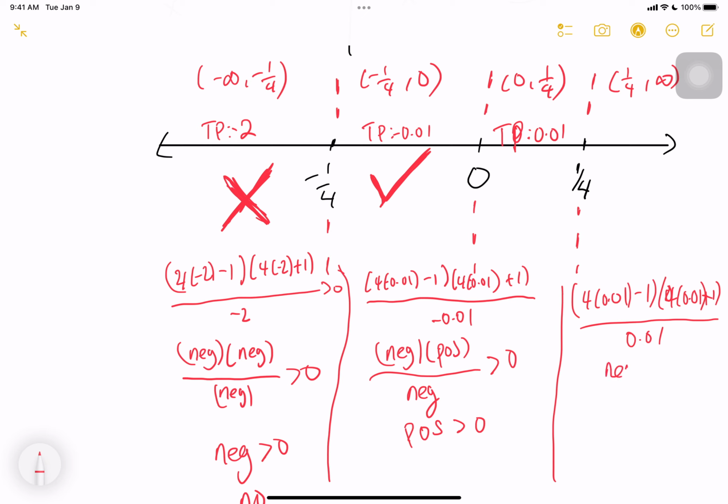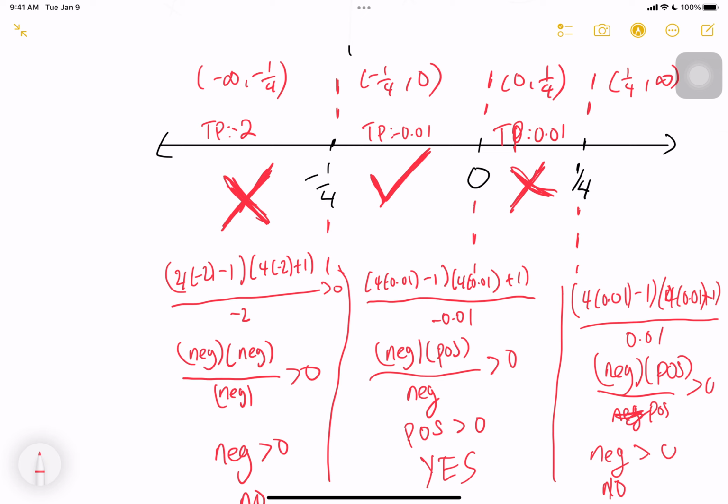So that's negative, positive, negative. That results in a, what? Oh, the bottom is positive, sorry. That results in a negative answer. A negative answer is not greater than 0, no. So this is a no.